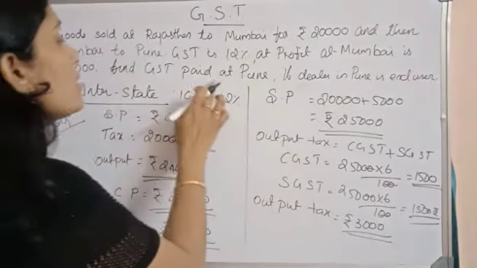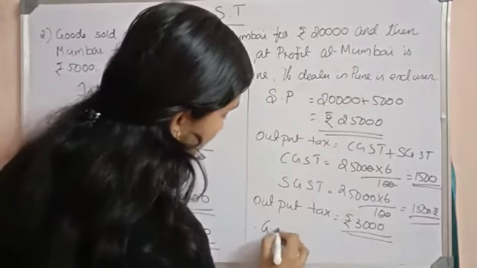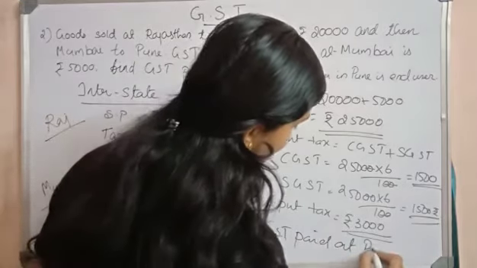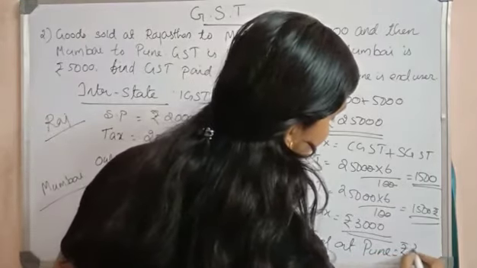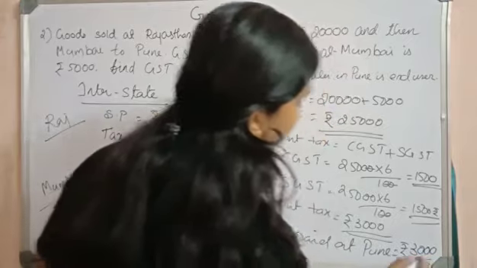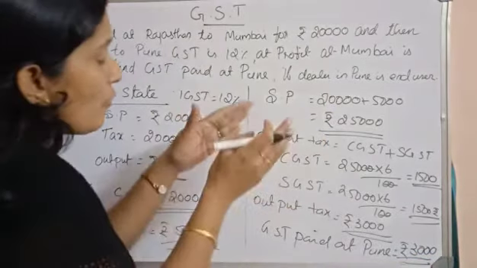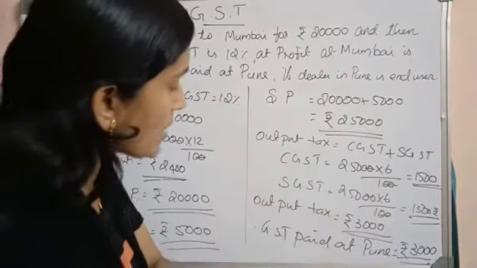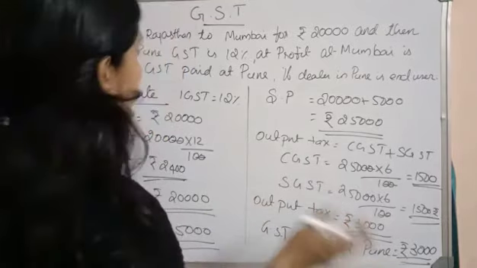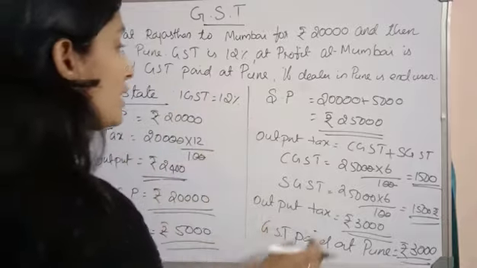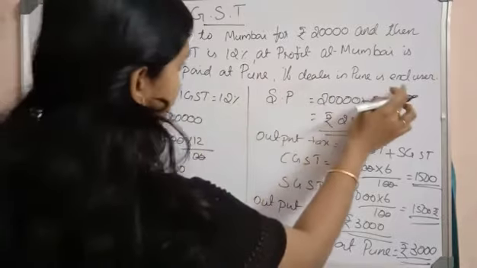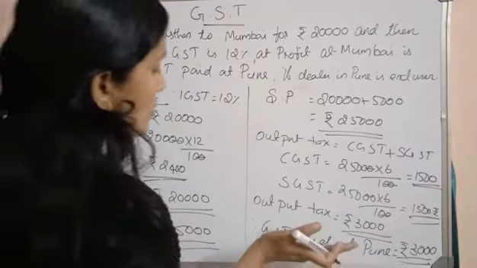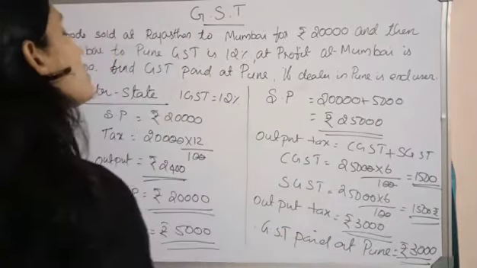Therefore, the GST paid at Pune is rupees 3000. If the goods were sold from Pune to another place, then again we could calculate the output tax, and the difference between these two could have been the net GST paid. But here it is clearly given that Pune is the end user, so no output tax can be charged. Therefore, the GST paid at Pune is rupees 3000.